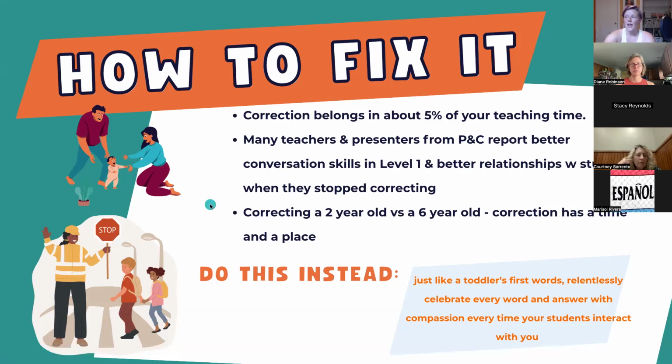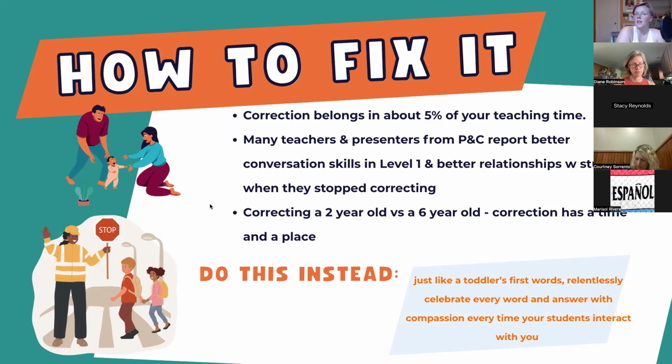Many teachers and presenters from Practical and Comprehensible, this is the conference that I run every year and that all of you are going to be involved in, it's going to be awesome, every time errors come up, it always comes up as a topic. And many teachers and presenters report from just anecdotal evidence that when we're focusing less on errors, there's better conversations happening in class.